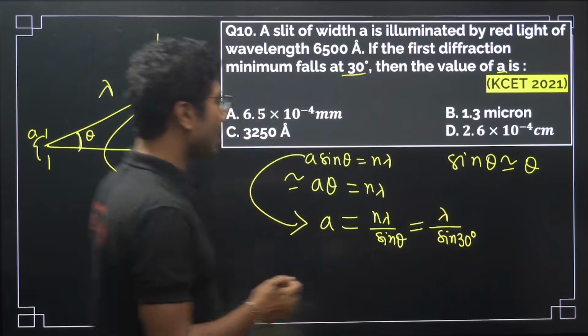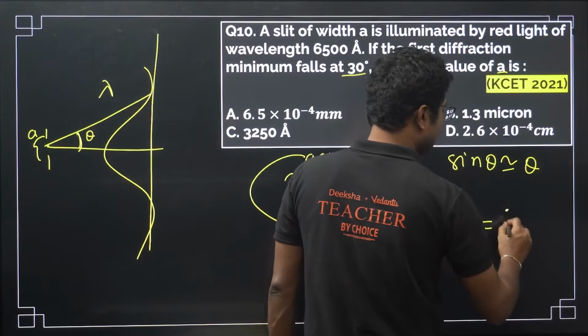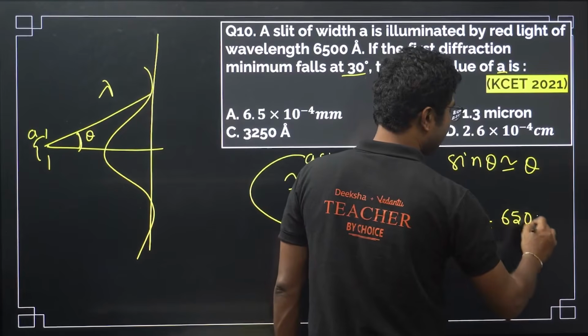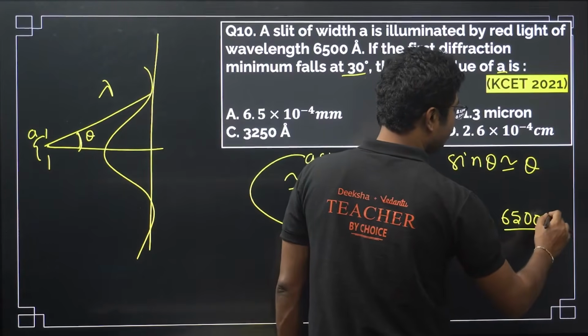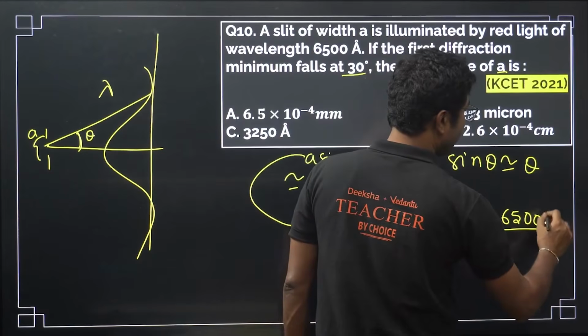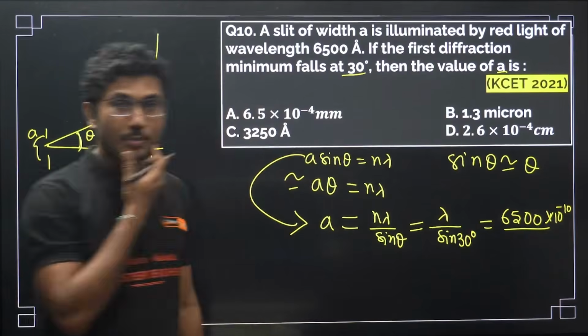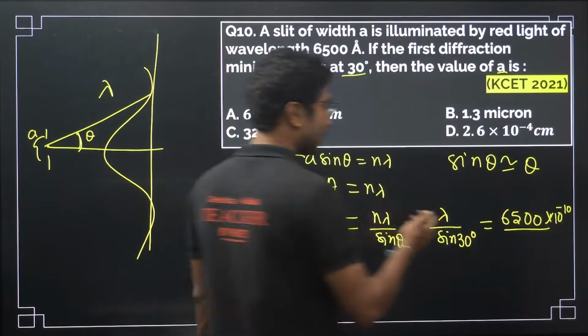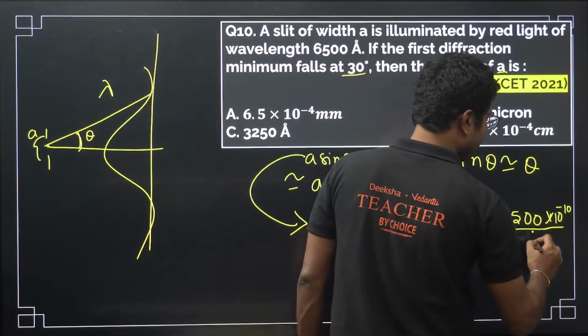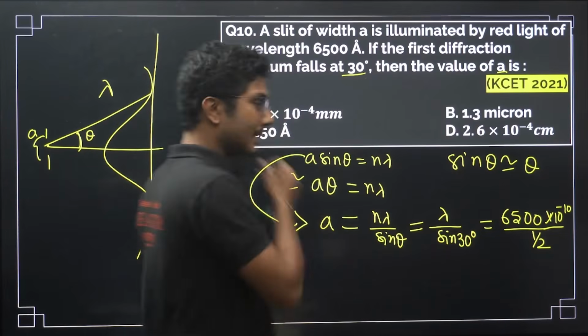What is the value of lambda? Lambda is 6500 angstrom. Angstrom means 10 to the power of minus 10. And sin 30 is half.